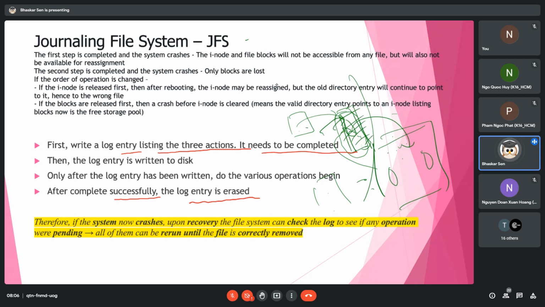So to address this issue, not only from the buffer, the main actions that are supposed to take place, we write them down inside the hard disk, temporarily. That is what we call a journal. A journal is a word associated with accounting.